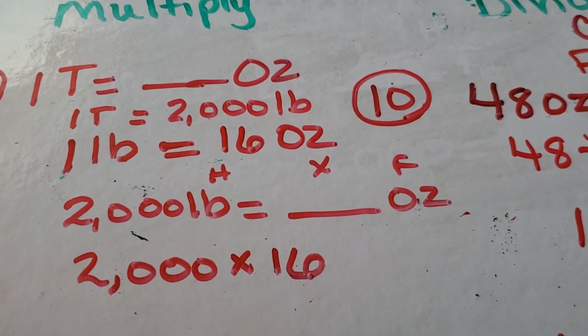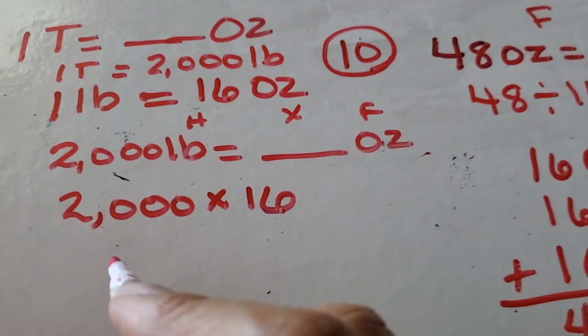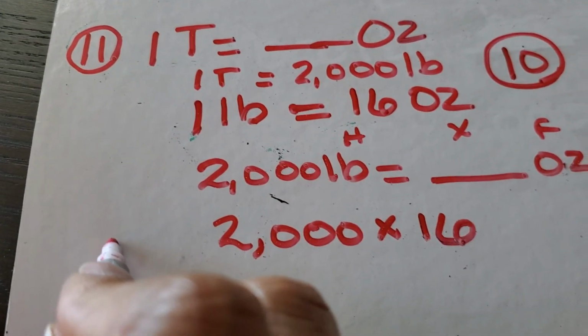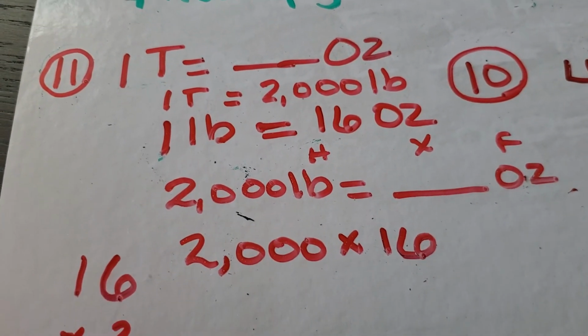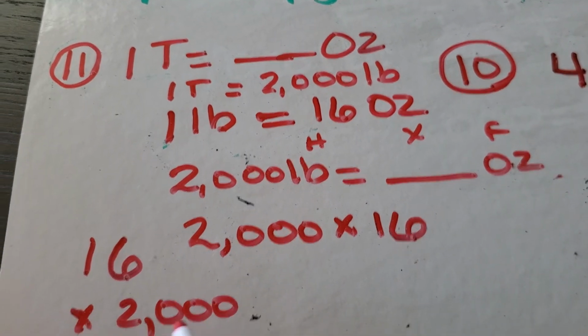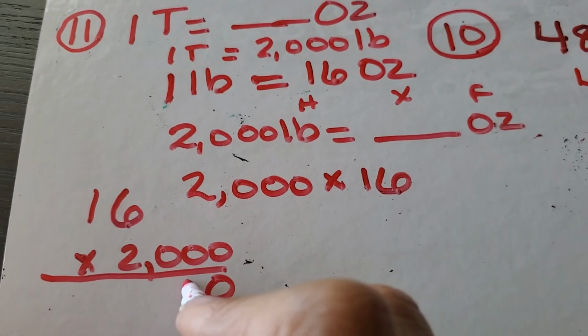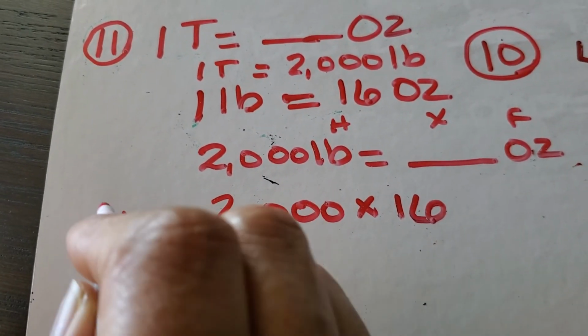Okay, now, when I multiply, remember, I can multiply by simply doing the what? The slide. So I'm going to come over here to the side and I'm going to say 16 times 2,000, right? I'm going to multiply by dropping down those zeros. And I'm going to say 2 times 6 is what? 12.